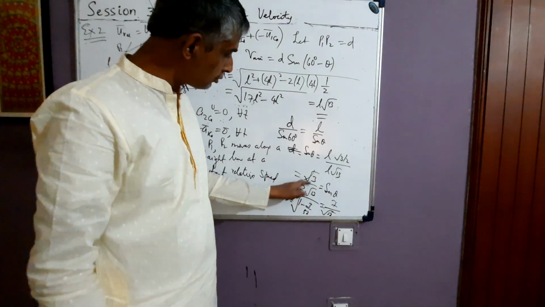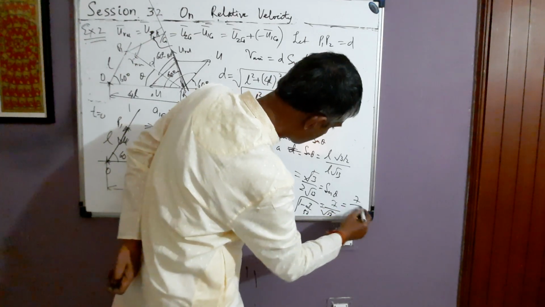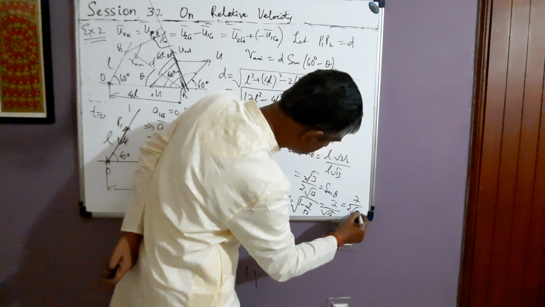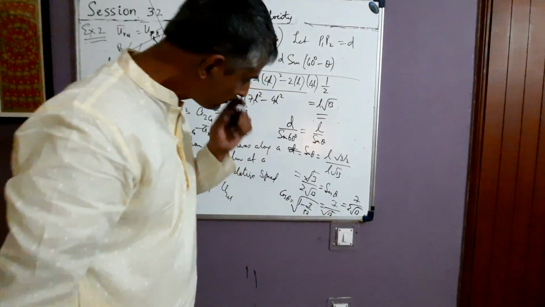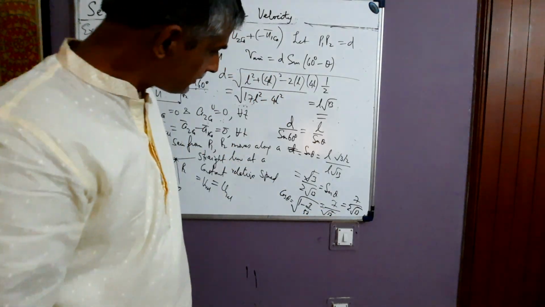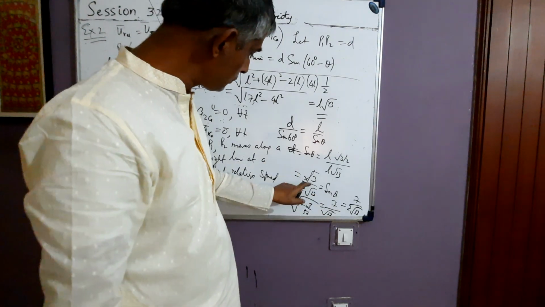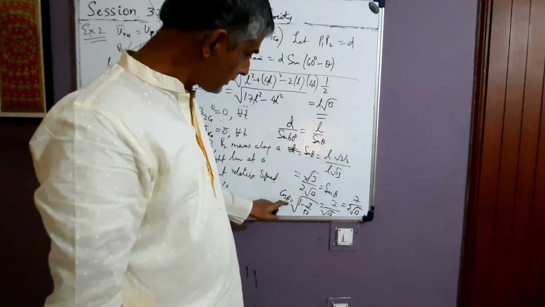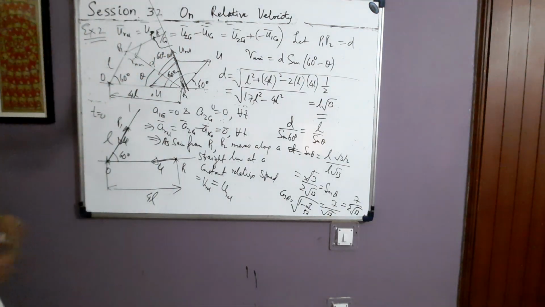This can be simplified further: 4 into 13, so 2 root 13. So cos theta is equal to 7 by 2 root 13, and sin theta is equal to root 3 by 2 root 13. Alright, fine.